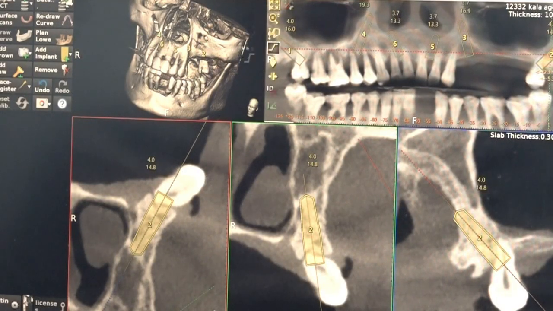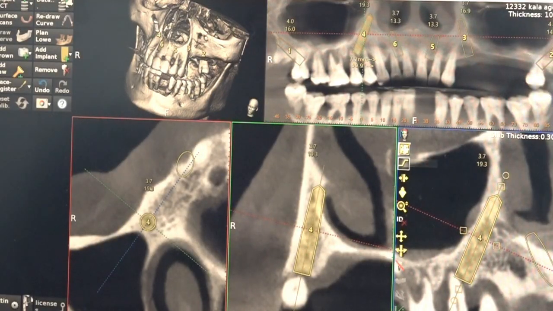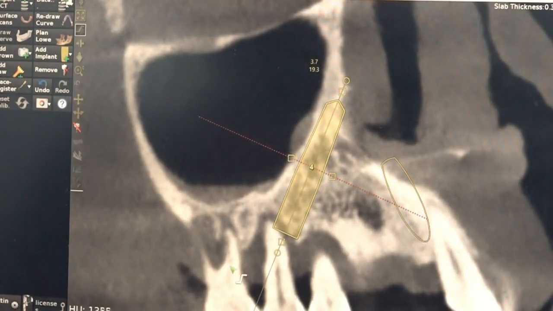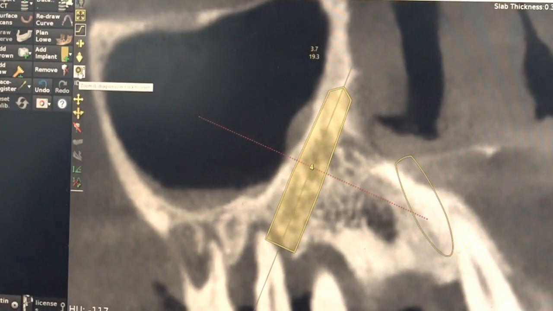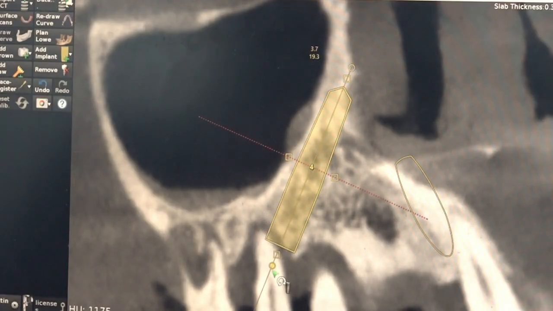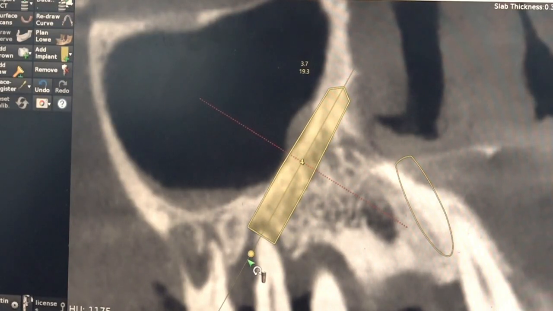Now we will plan the right tilted. This is the molar. This is the second premolar. Severe bone loss till the apex. Only 2 mm bone between the sinus and apex. So don't start from the socket depth of the second premolar.